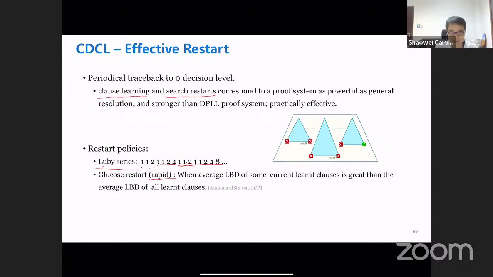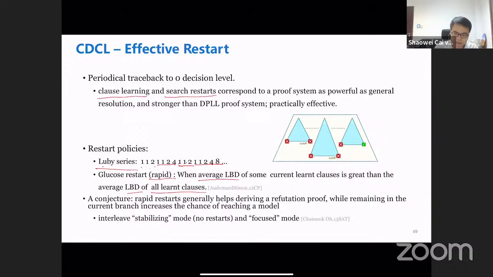Glucose restarting is much more rapid. This policy restarts the algorithm when the average LBD is greater than the average LBD of all learned clauses. So it depends on the distribution of the learned clauses. And experiments show that glucose restarting is much more frequent.